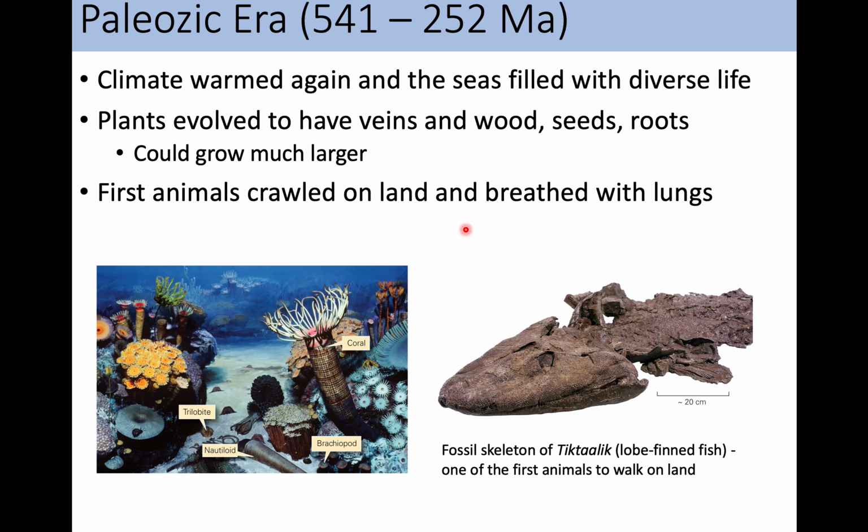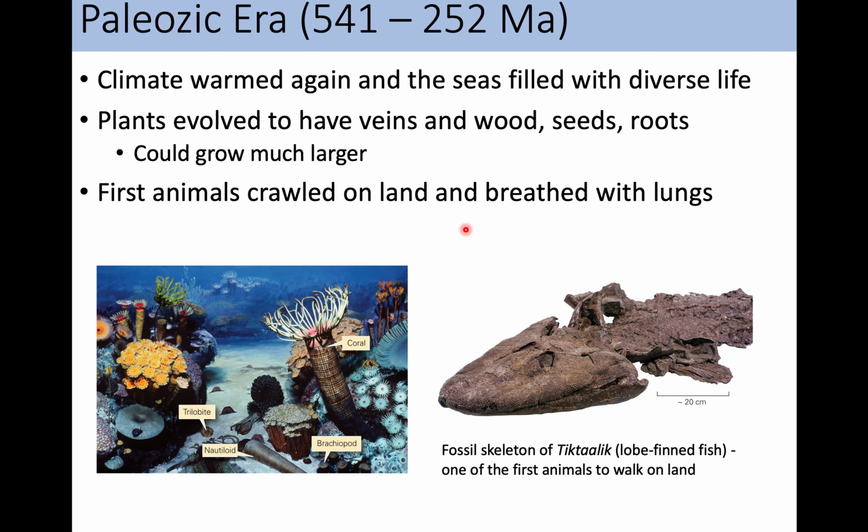So these plants were able to grow larger and survive for longer. It wasn't something just like a simple grass or a weed. Larger things with root systems that could keep them in place and seeds which could keep them growing over time actually allowed for plants to survive for much longer.